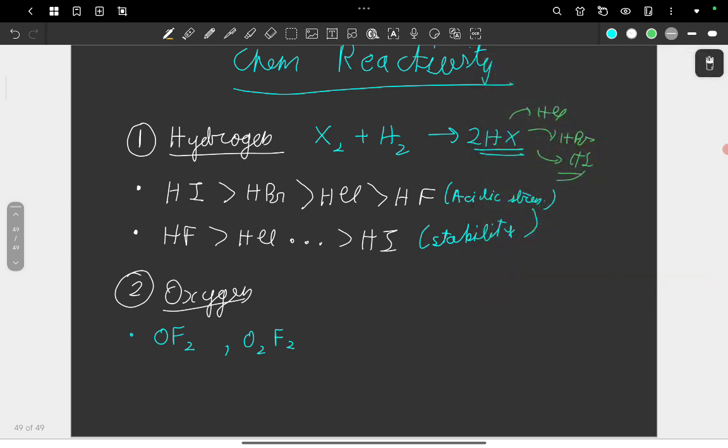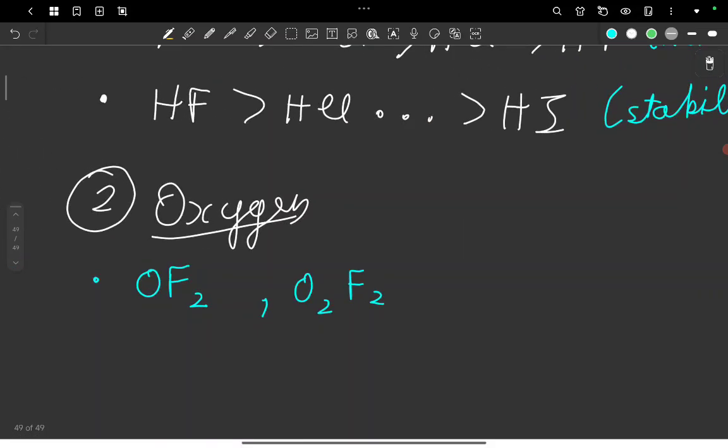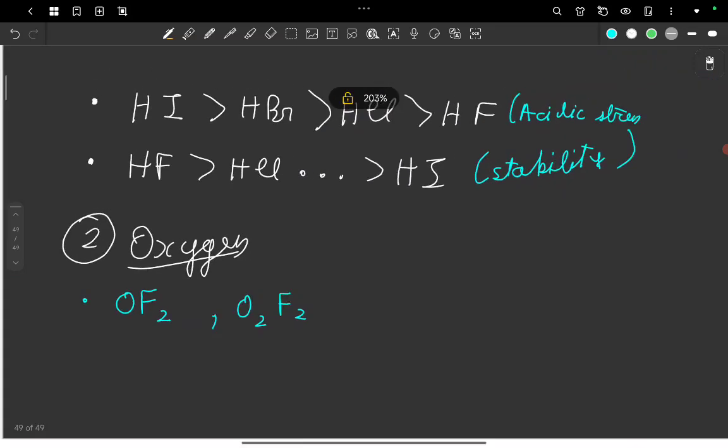Now let's move on. For group 17 elements, most oxides are unstable. While I don't think this is important, since the NCERT mentions you should learn it: O2F2 and OF2 are both strong fluorinating agents, which means they are good at adding fluorine to compounds.